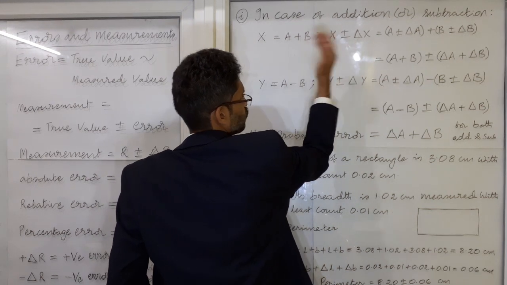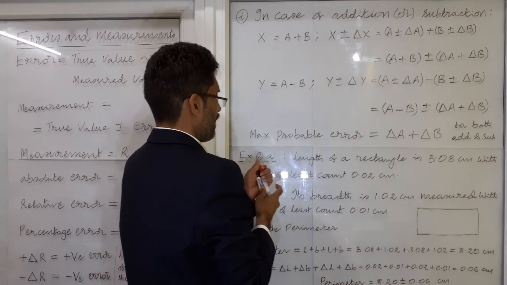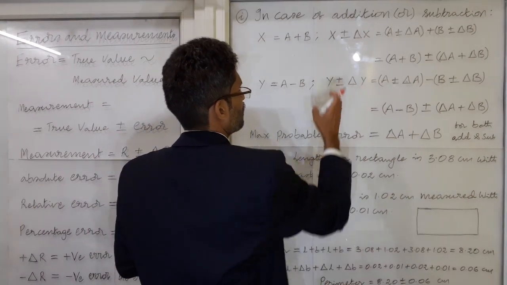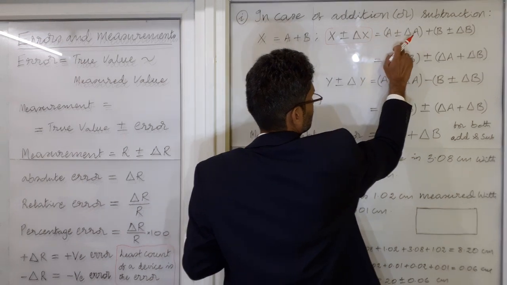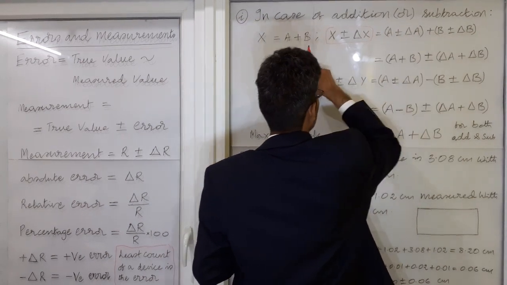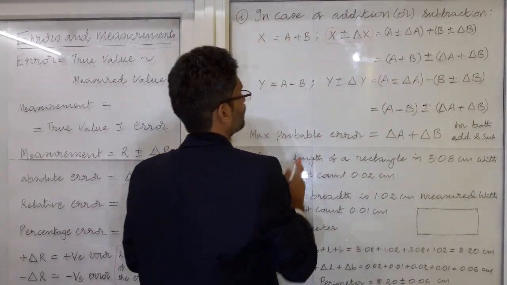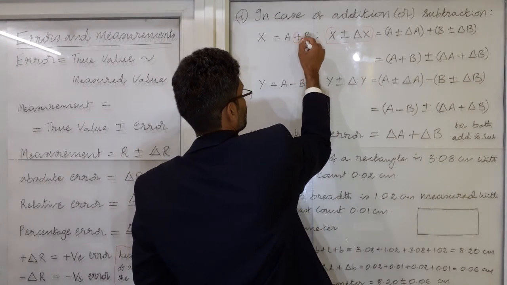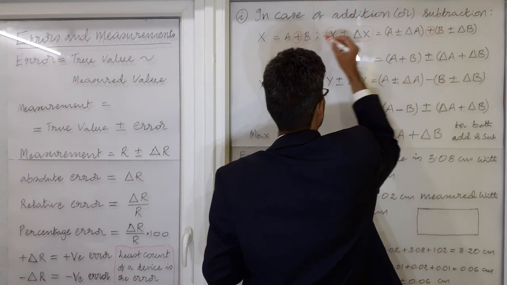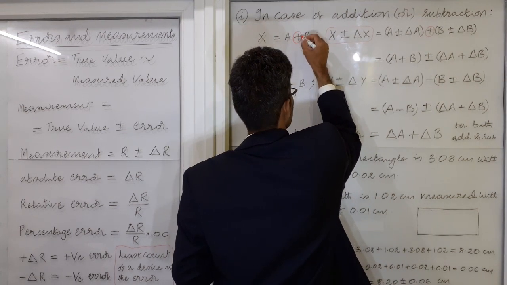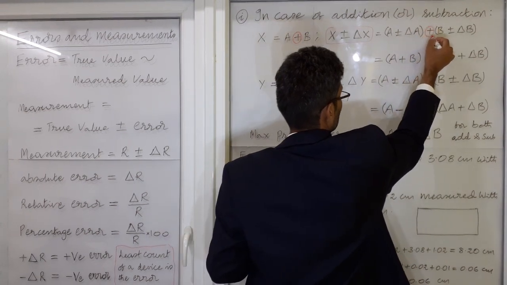Delta x may be positive or negative. So x plus or minus delta x must be equal to a plus or minus delta a plus b plus or minus delta b, right? Because x is defined as the addition of these two quantities.